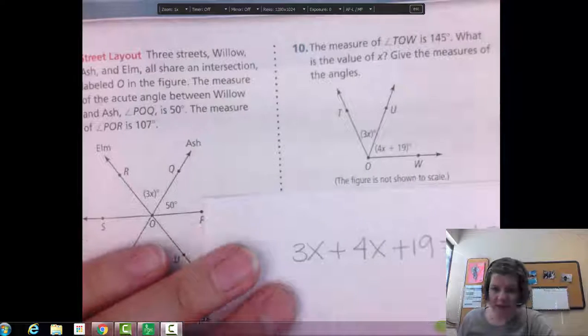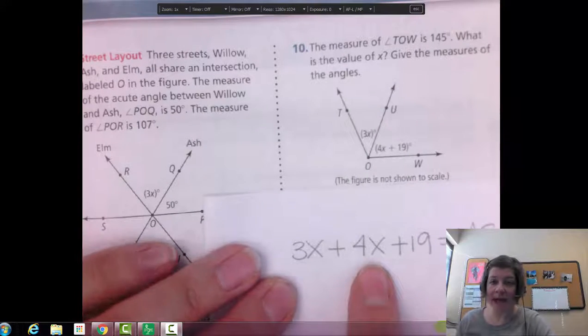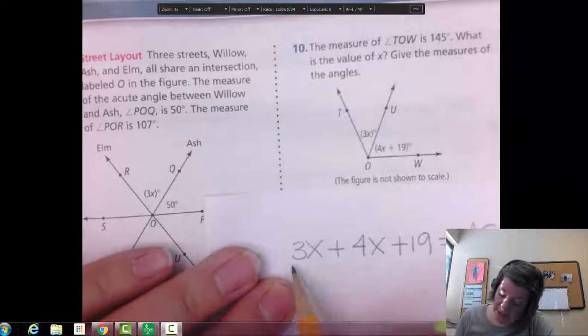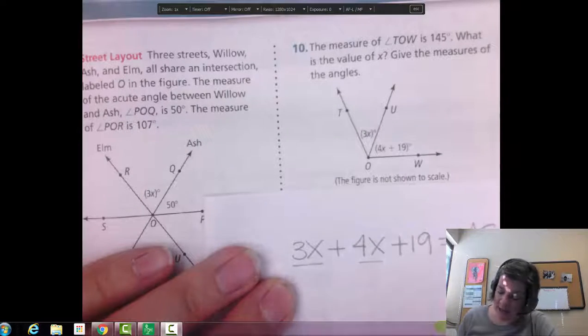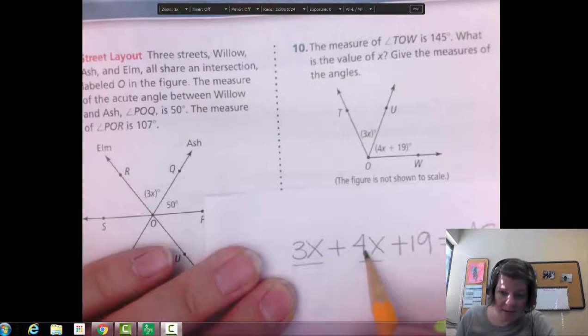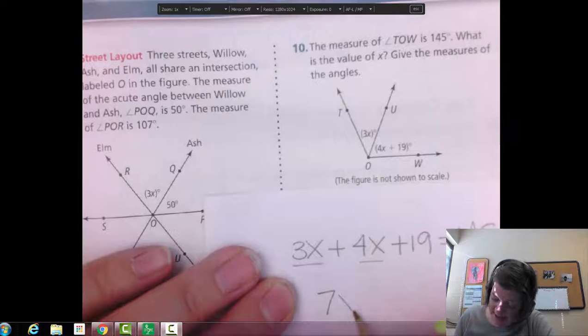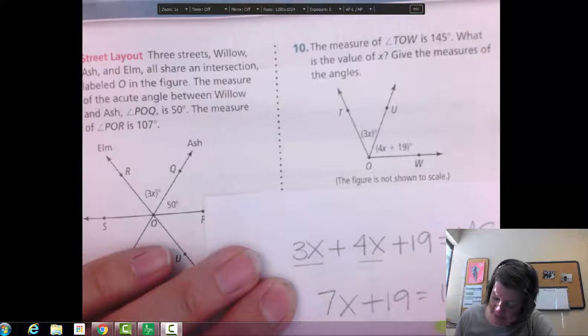So how would I solve this? Well, these are both like terms, so we can combine these two terms, and we would just combine the numbers in front, the coefficients, and keep the letter. 3 plus 4 is 7 x's plus 19 equals 145.